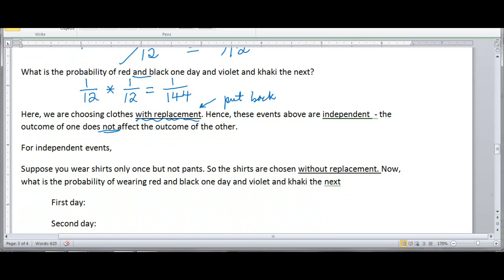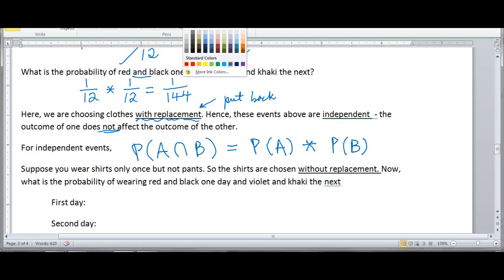Okay? For independent events, we have a kind of multiplication rule. The probability of A and B is the probability of A times the probability of B. And remember that this upside down U stands for and.